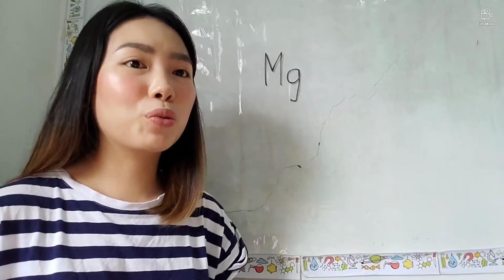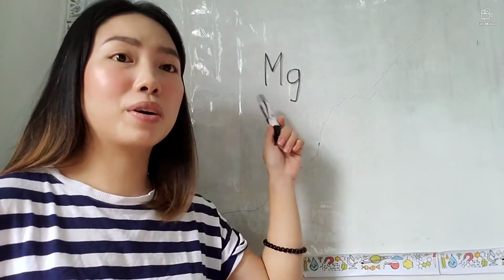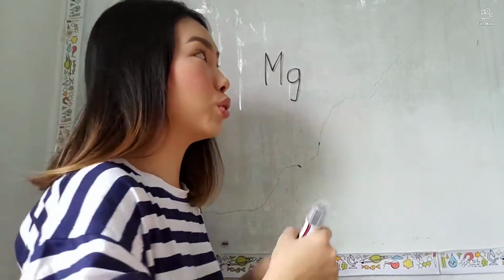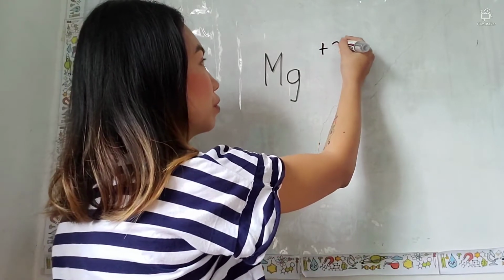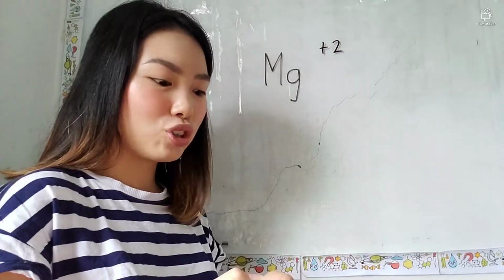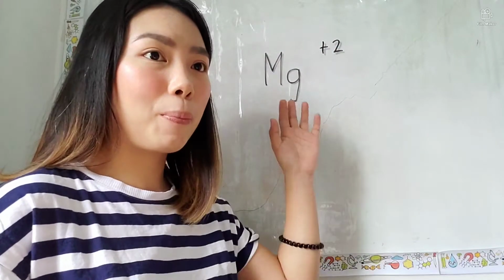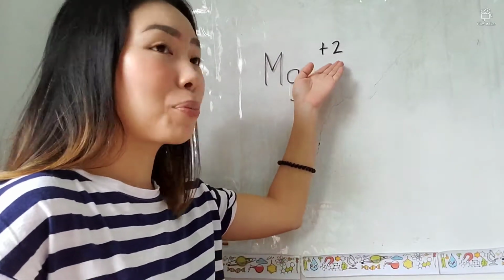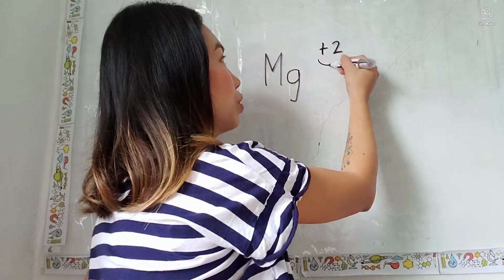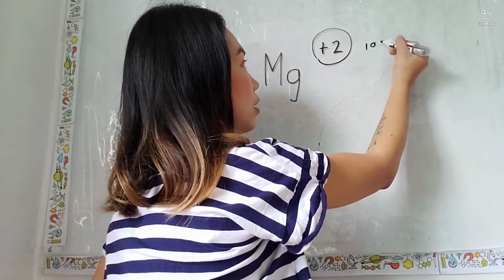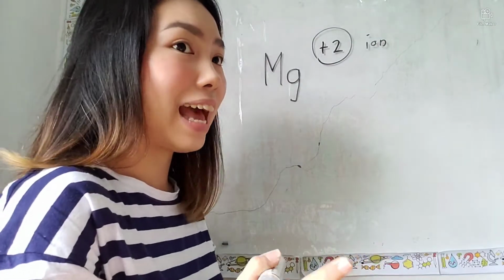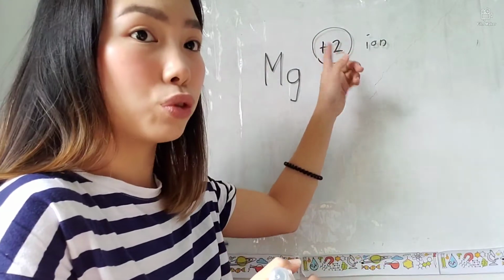For example, we have an element Mg, magnesium. So yung magnesium natin has an ion of positive 2. So meron siyang cation na positive 2. Ngayon, kapag ang isang element natin ay may present na ion, so this is what we call as ion, and to be specific, we have cation because it's a positive 2.